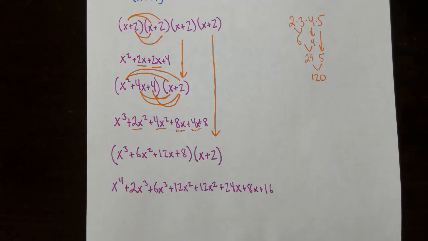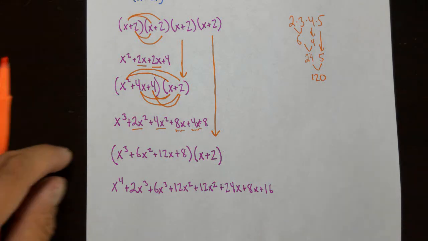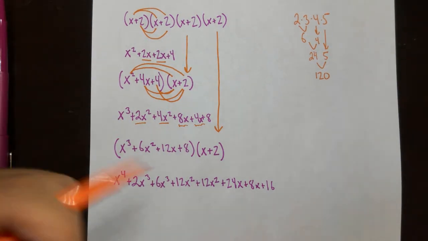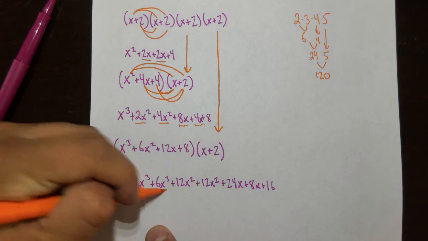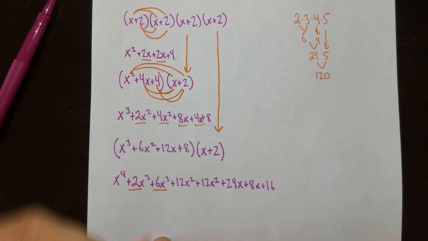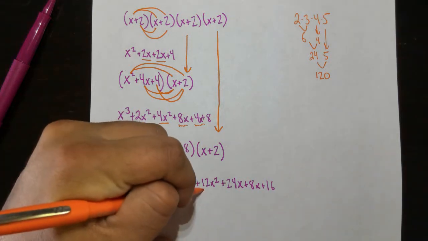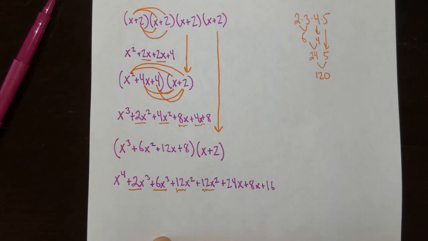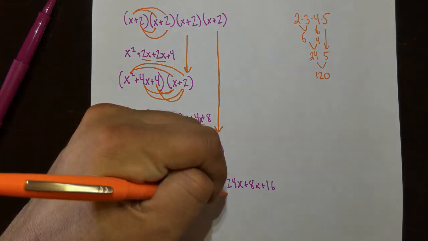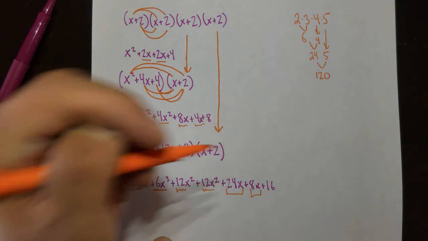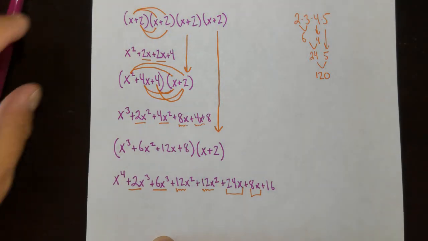So now, last step, we just need to combine like terms one last time. So notice that we have two terms that are cubed, we have two terms that are squared, and we have two x terms. So let's go ahead and combine those.